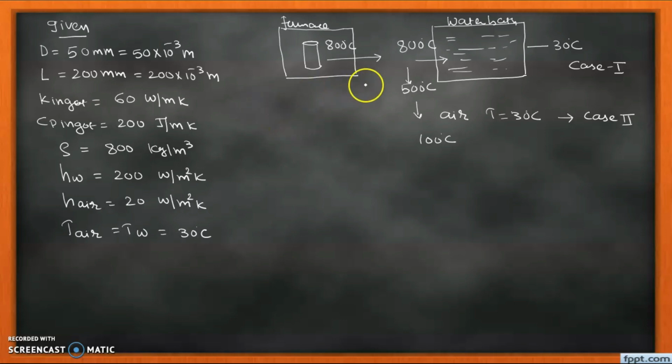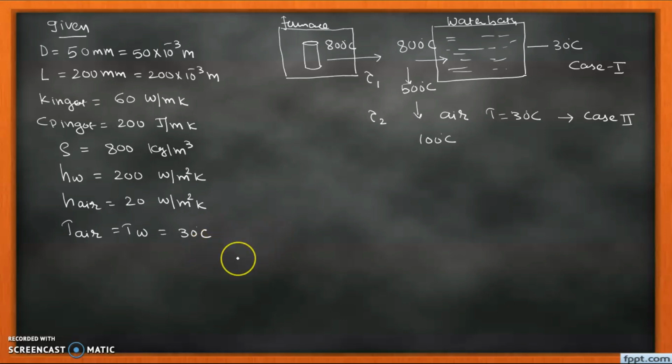So we need to find the time required for reducing the temperature from 800 to 500, and then we calculate the time required to cool the ingot from 500 degrees centigrade to 100 degrees centigrade.